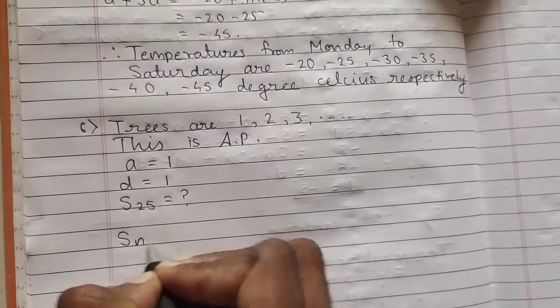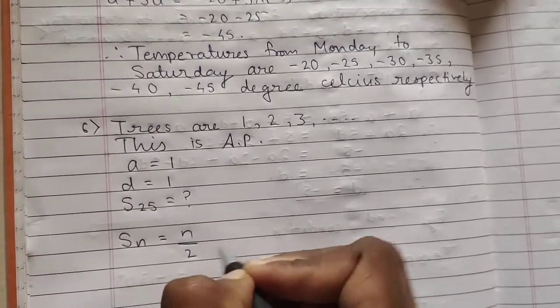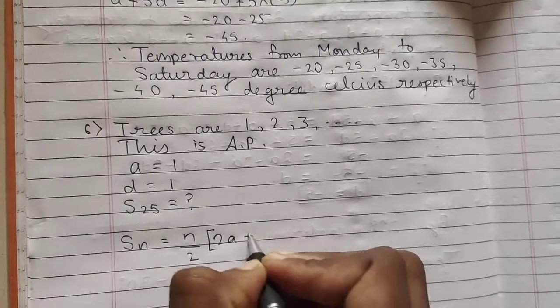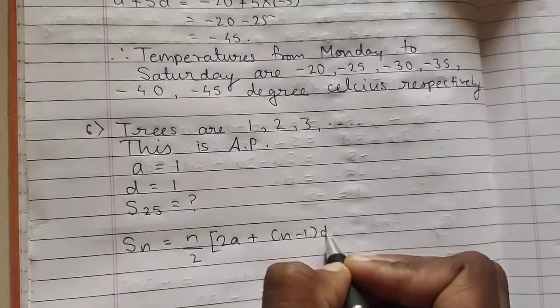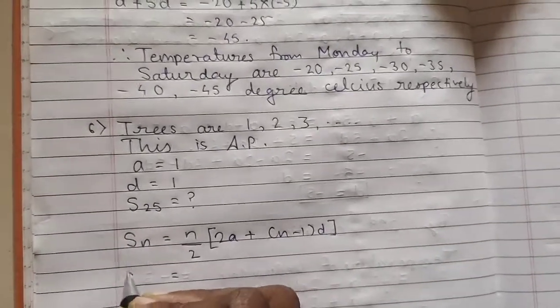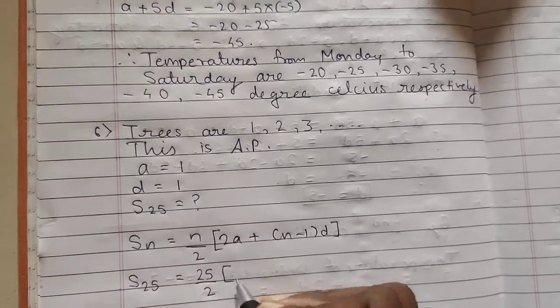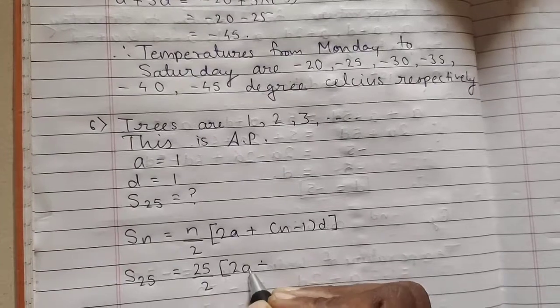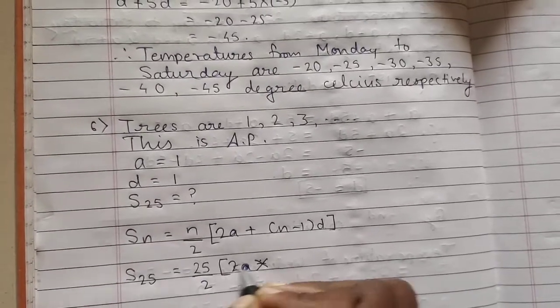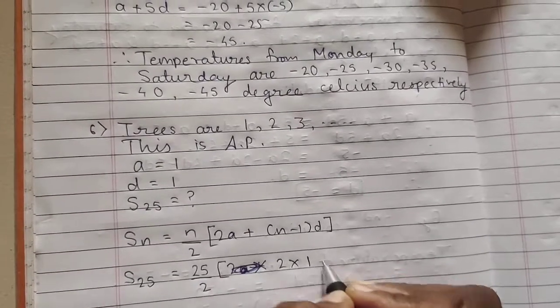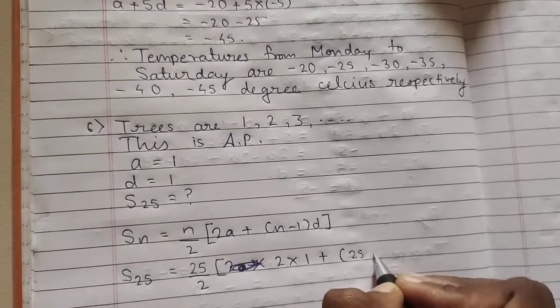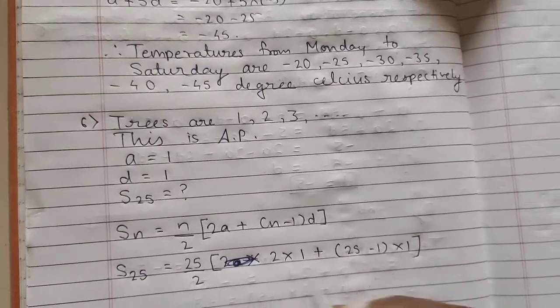Now what is the formula of Sn? n upon 2 into 2a plus n minus 1 into d. Now replace n by 25. So this becomes 25 upon 2 bracket 2 into a. So what is a? a is 1, and n is 25. d is also 1.